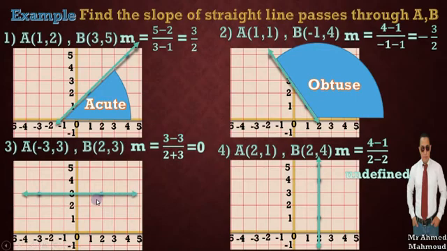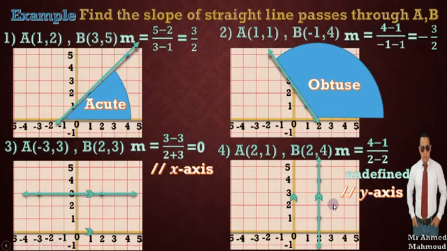This straight line is parallel to the x-axis because its slope is 0, and this line is parallel to the y-axis because its slope is undefined. So the positive slope makes an acute angle, the negative slope makes an obtuse angle, the zero slope is parallel to the x-axis, and the undefined slope is parallel to the y-axis.